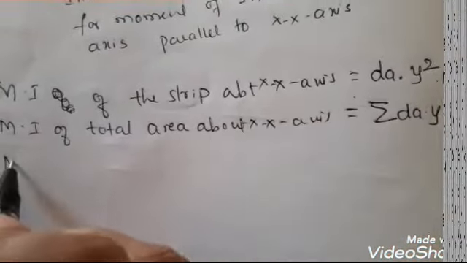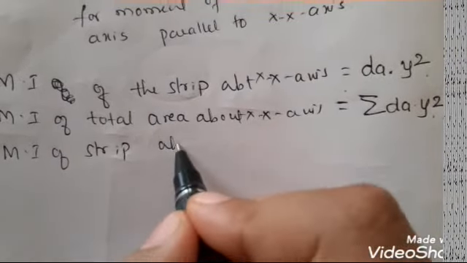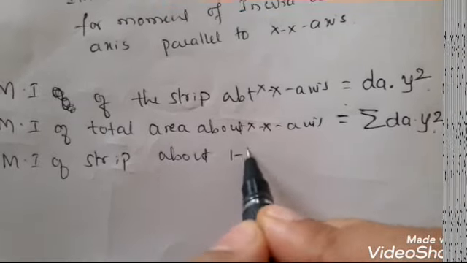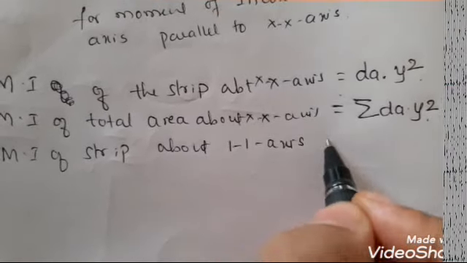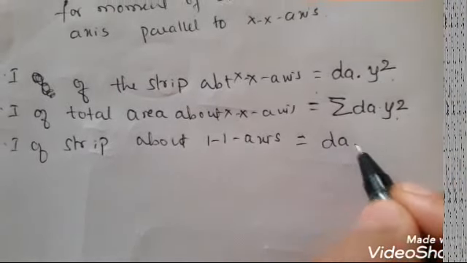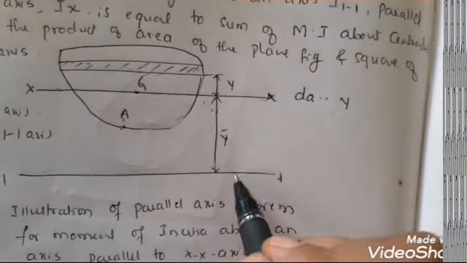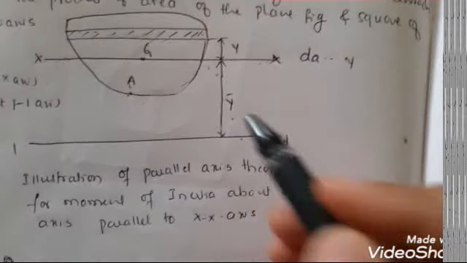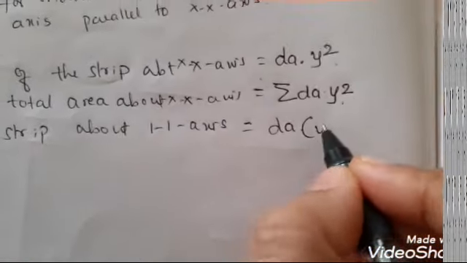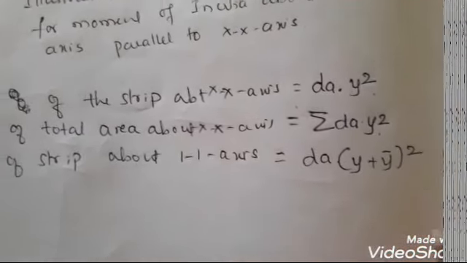Now the moment of inertia of the strip about axis 1 is equal to dA into the perpendicular distance about axis 1, which is y plus y bar. So dA into y plus y bar whole square.